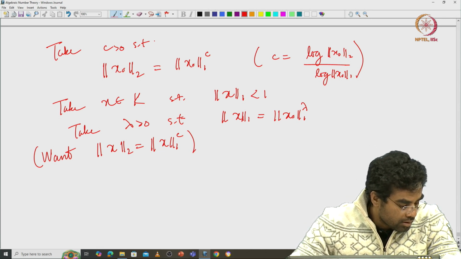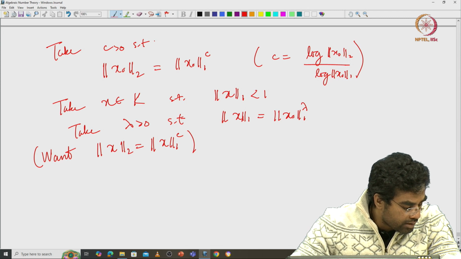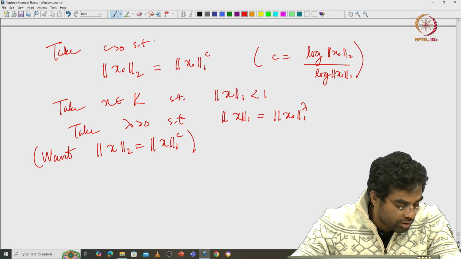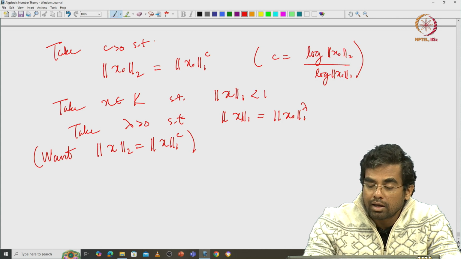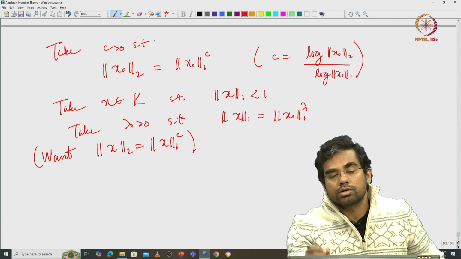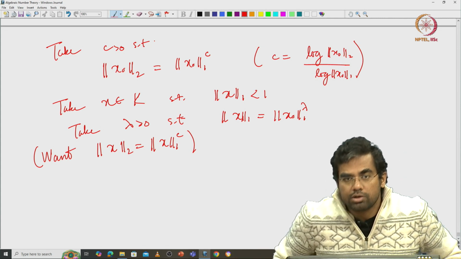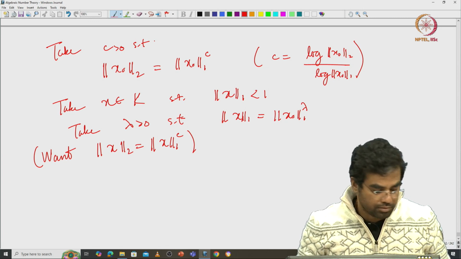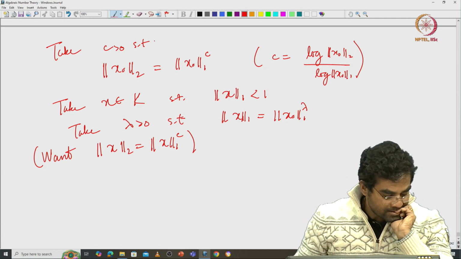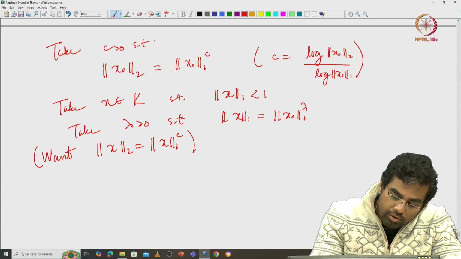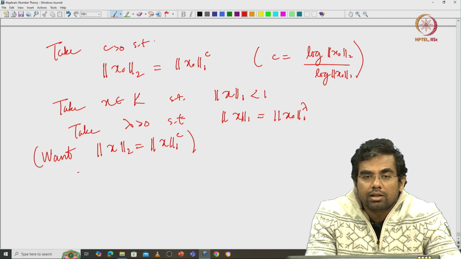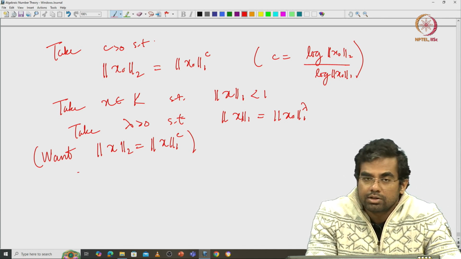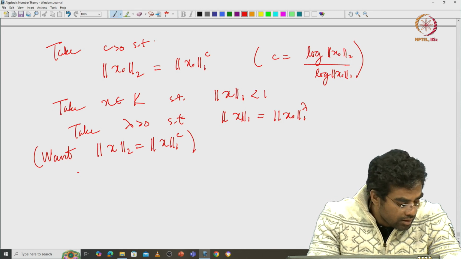Okay. So, to do that, what I am going to do first is show that the lambda that I have here with respect to the first valuation also satisfies the same equation with respect to the second valuation. My lambda a priori is just a real number, I have no idea whether it is rational, integer or anything, and I can't know.